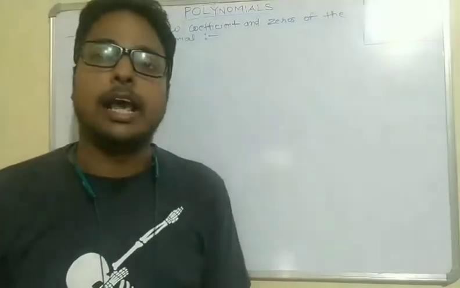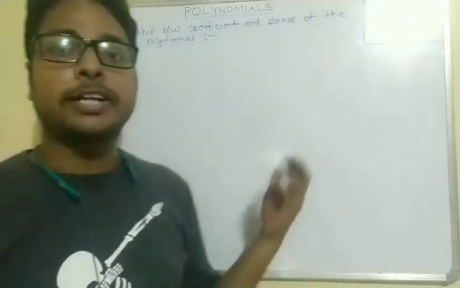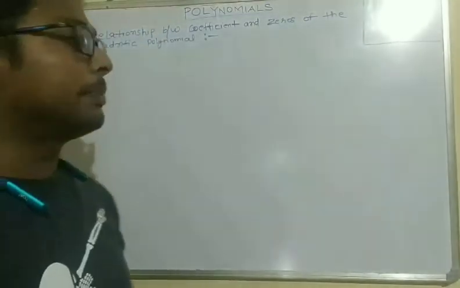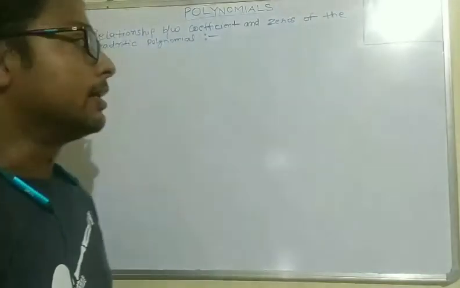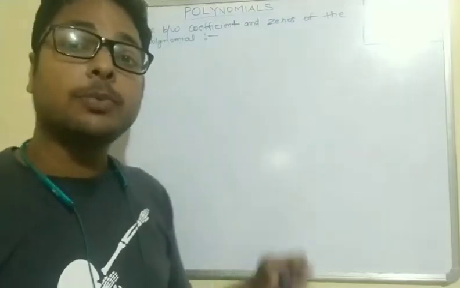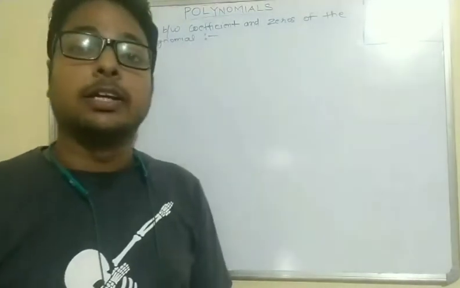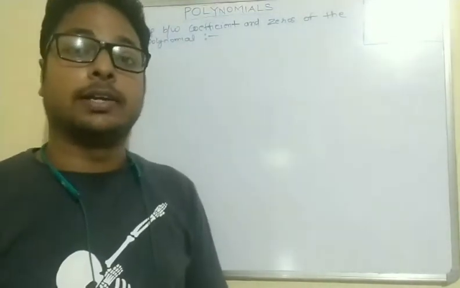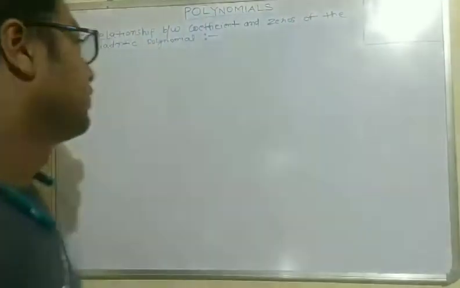Let alpha and beta be the zeros of the quadratic polynomial ax square plus bx plus c. Then x minus alpha and x minus beta are the factors of the quadratic polynomial, where the coefficient of x square is not equal to 0.